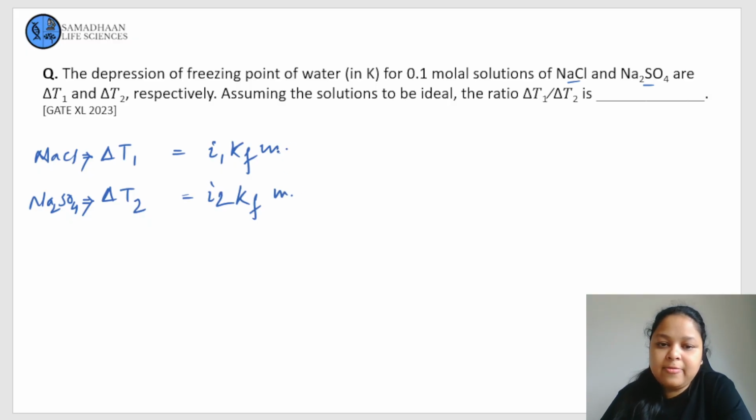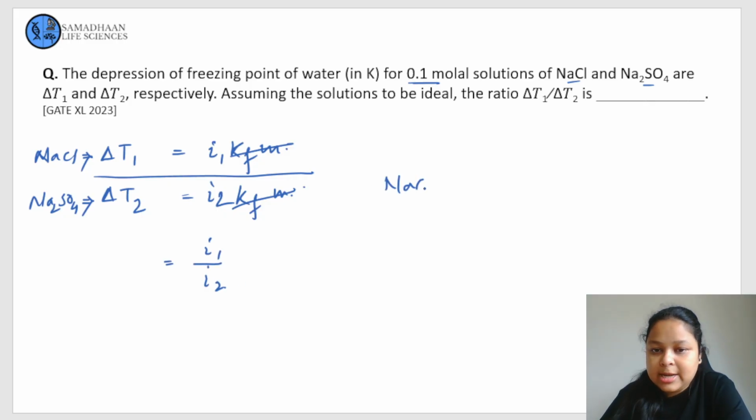Now this Kf and m both get cancelled out because we have the same concentration, and both are ideal solutions. So Kf and m get cancelled out. Now we need to find out the ratio. So the ratio will be i1 by i2.